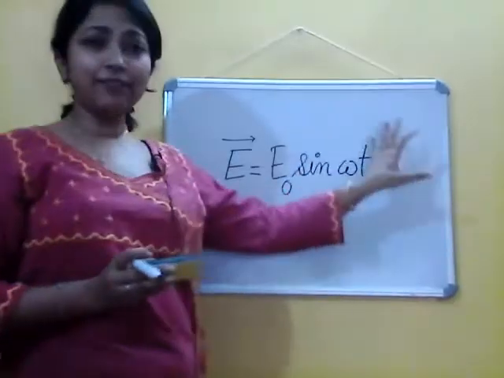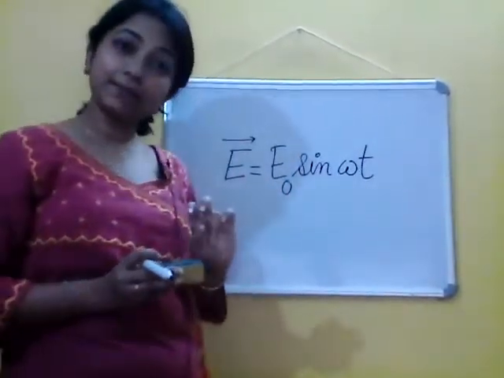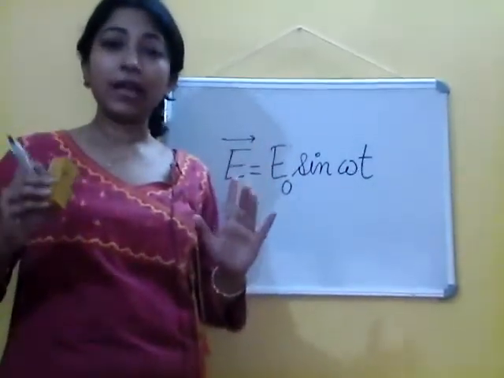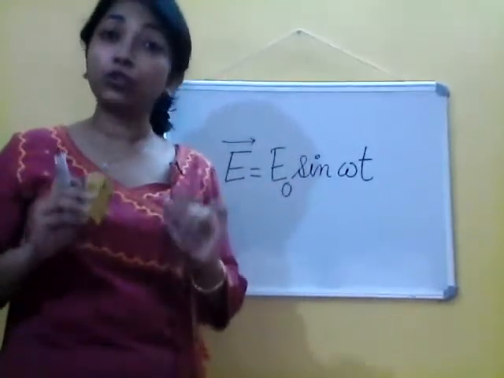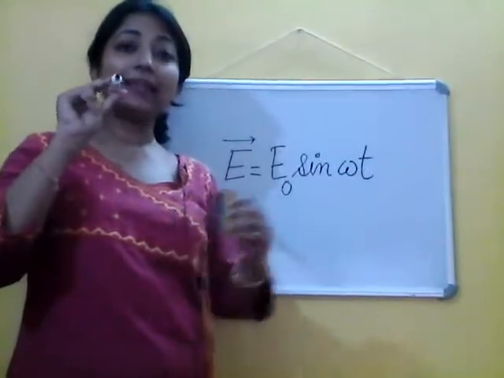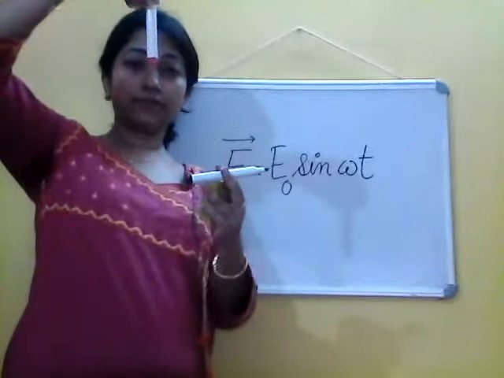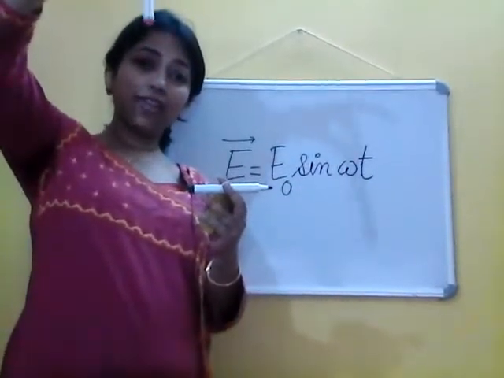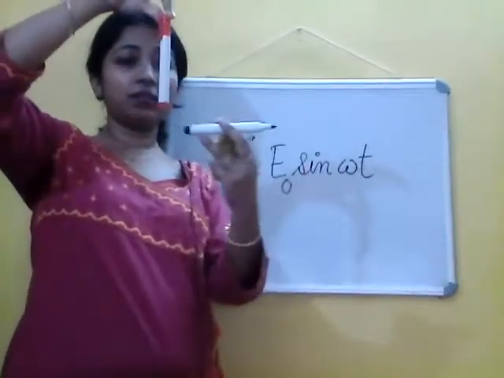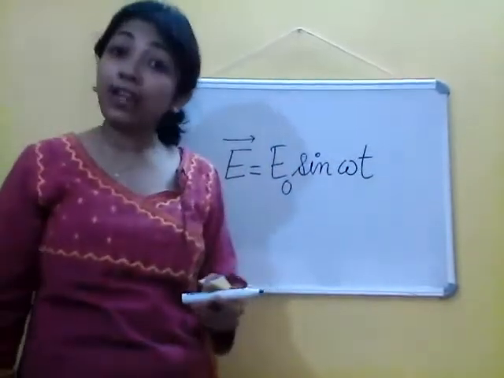So say I am considering a particular light ray. Now I would ask you all to think about two light waves, one moving along the x-axis and the other along the y-axis. They are mutually perpendicular to each other, and say they are meeting at one point. What will happen then?